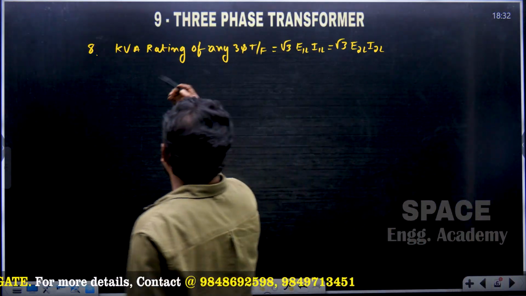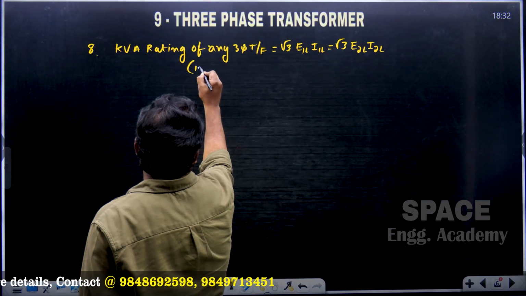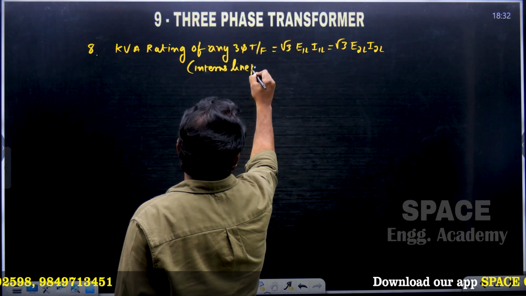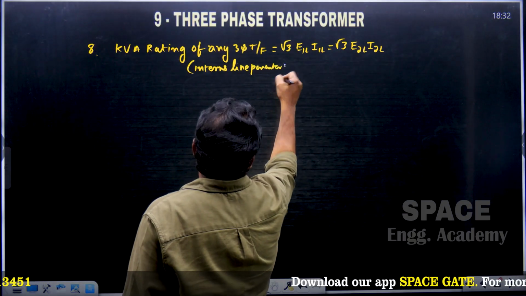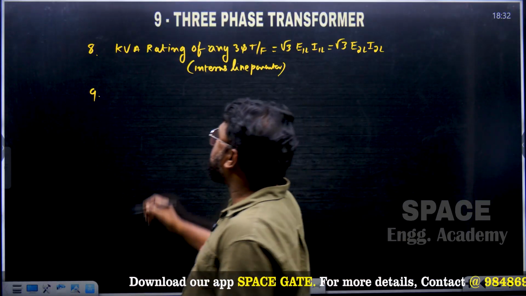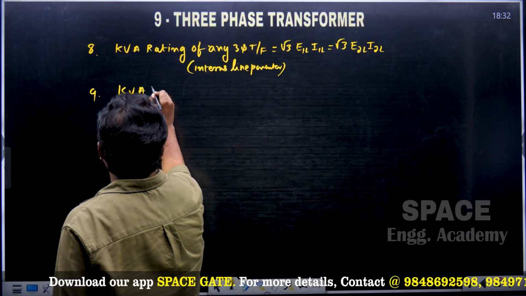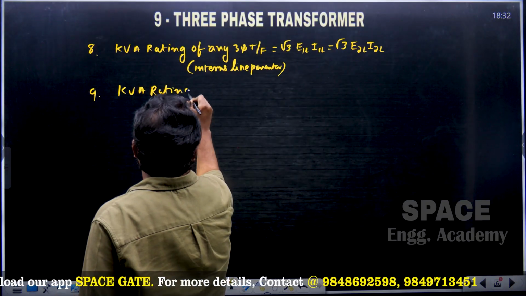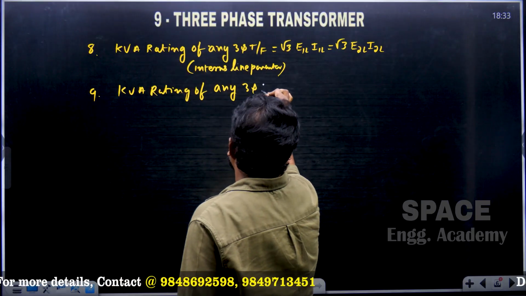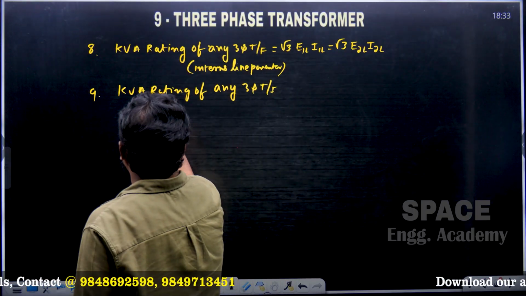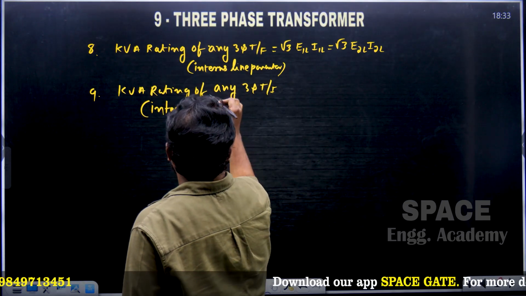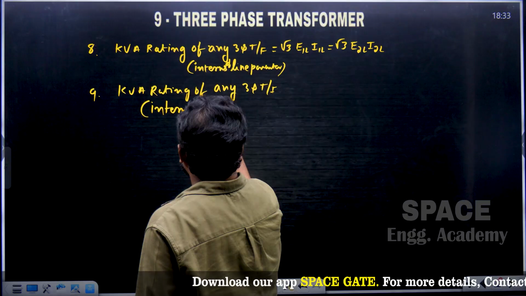This is the KVA rating in terms of line parameters, and it can also be found in terms of phase parameters.